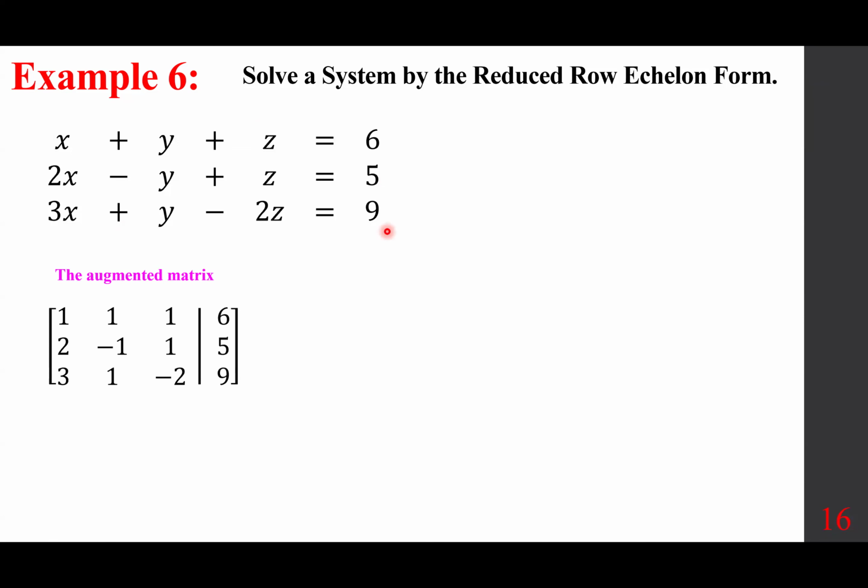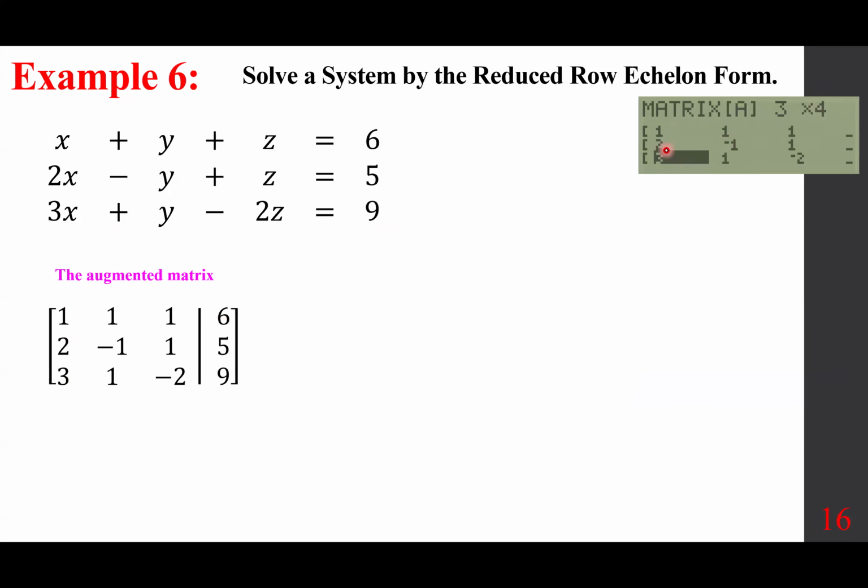So we're talking about 1, 2, 3 rows, 1, 2, 3, 4 columns. We put a matrix A of 3 by 4, and we enter the augmented matrix. There's not enough room to show you the last entry. And this is A matrix.